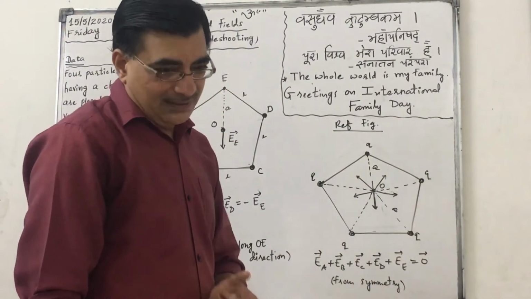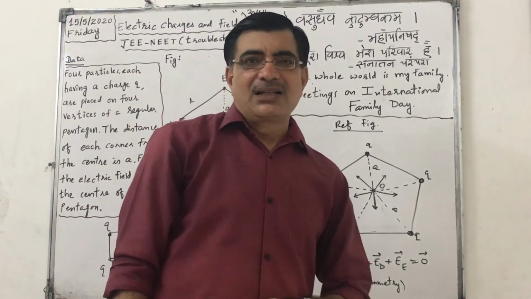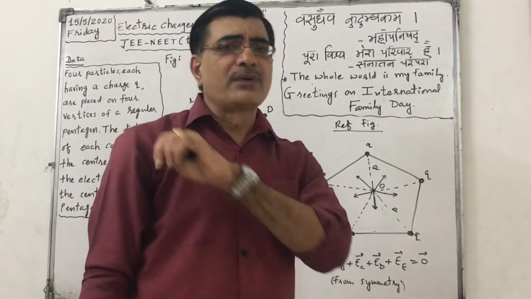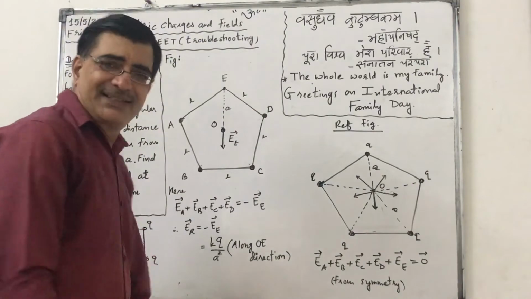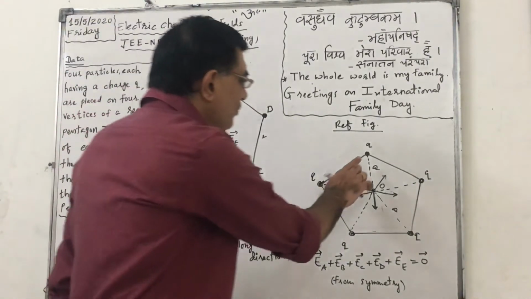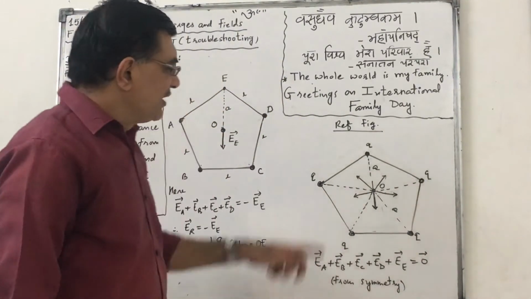But in our data we have to put only on 4 vertices, so this is our figure. We will remove q from this point.